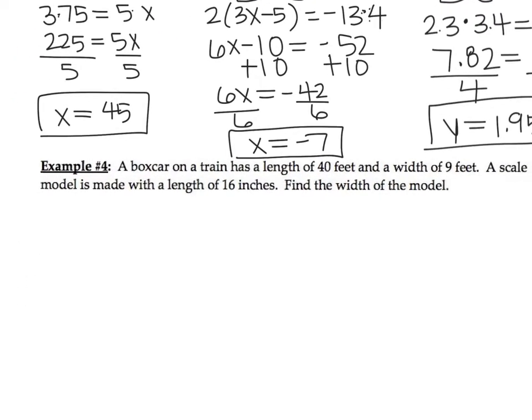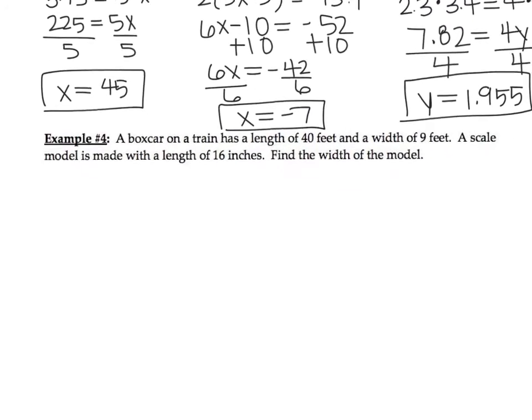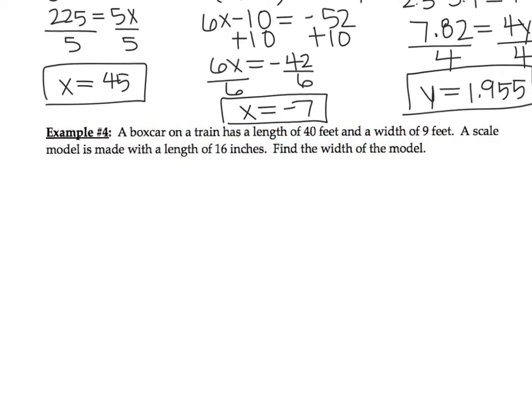So in our last example, we're going to take a look at a word problem. So we have a boxcar on a train that has a length of 40 feet and a width of 9 feet. A scale model is made with a length of 16 inches. Find the width of the model. So we want to make sure that the ratio of the length to width of our original boxcar is equivalent to the ratio of the length to the width of our scale model.